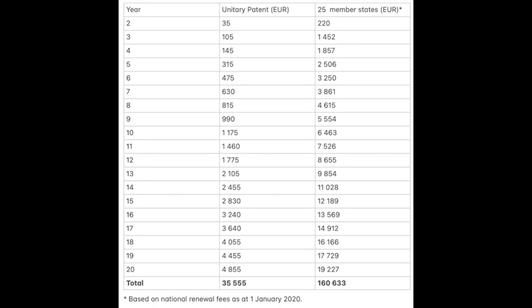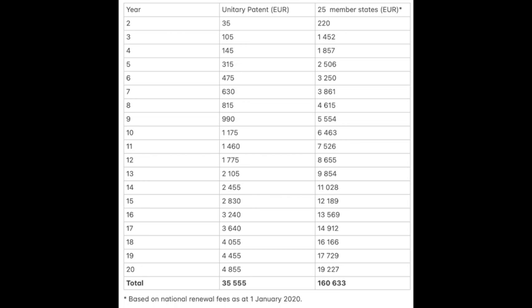If you go for the full menu, then it would be much better, a no-brainer, so to say, to go for the unitary patent. So this is based on the fees for January 2020, so it may go up.